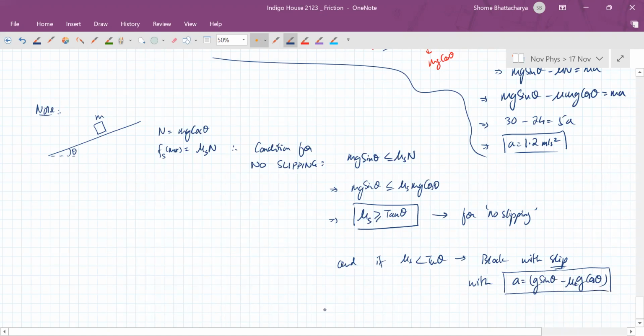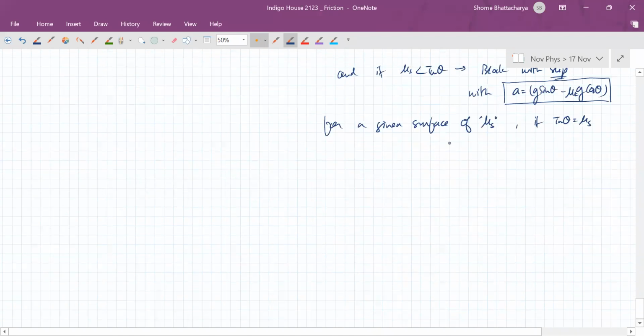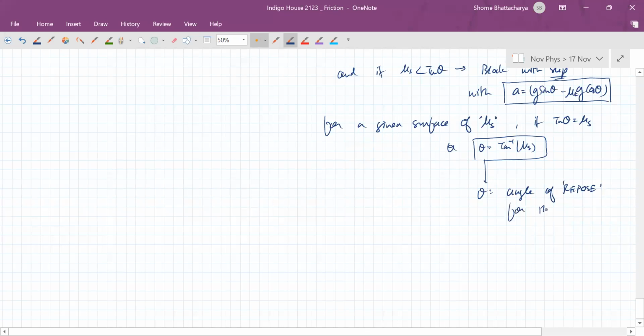So for a given surface of coefficient of friction mu s, if tan theta is equal to mu s, or theta is equal to tan inverse mu s, then this theta is called the angle of repose. So this is the limiting angle for the given surface.